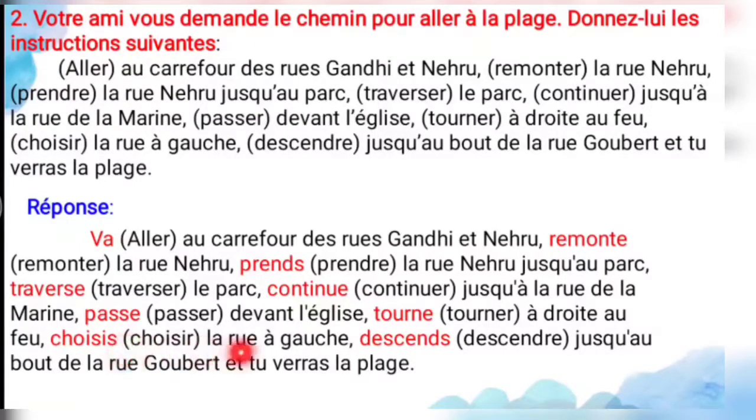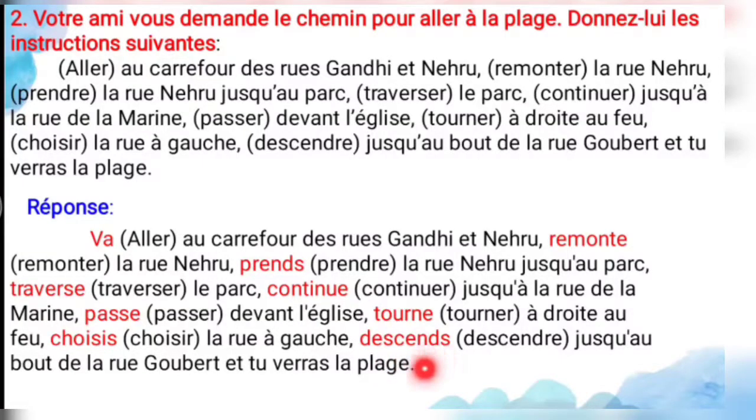Choisis la rue à gauche, and choose the left street. And here descendre verb. Descendre verb means what? To get down. So the answer is what? Descends jusqu'au bord de la rue Goubet et tu vois la plage. And get down to the Goubet Street and you will see the beach.